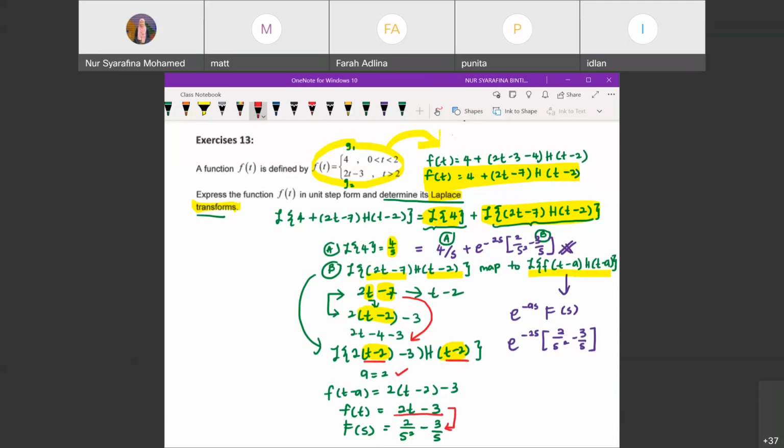Transforming t will have 1 over s squared multiplied with 2, you have 2 over s squared. Transforming 3, you have 3 over s. So this is your f s. And you know when it is mapped to f t minus a, h t minus a, by second shifting, it is exponent negative a s f s. So just substitute what is your a and what is your f s. And remember, you have to combine all A and B as the product of transformation of the whole function here. Okay, is that clear? Anyone has question?